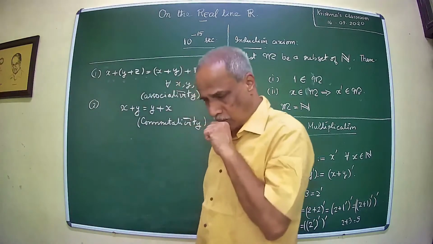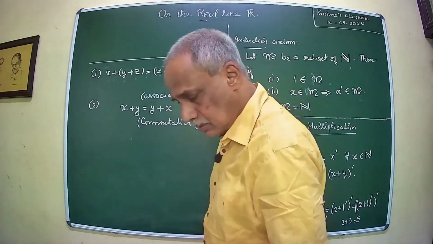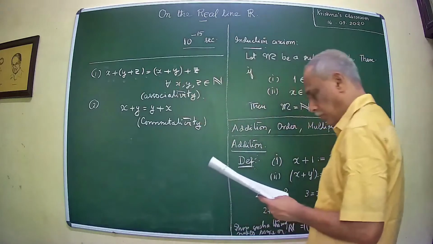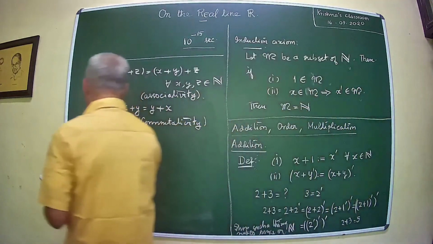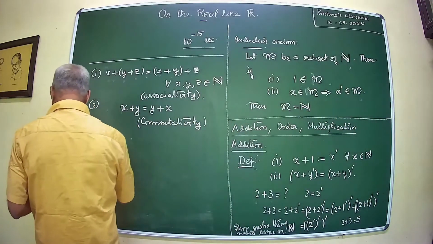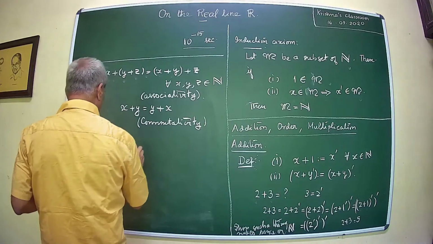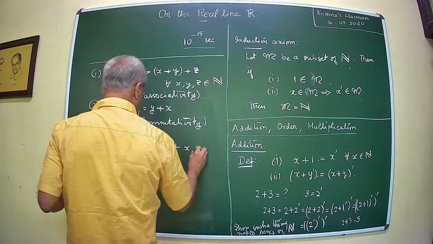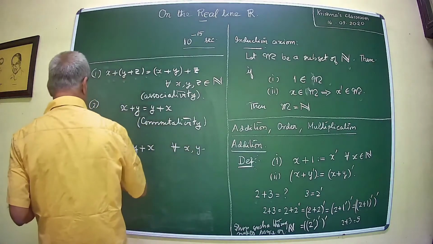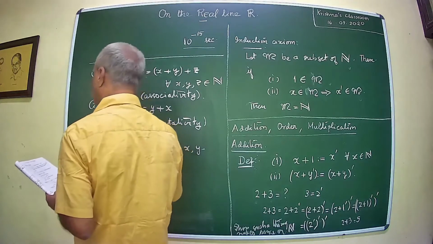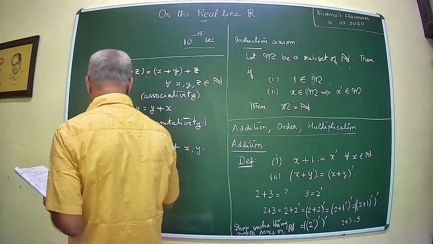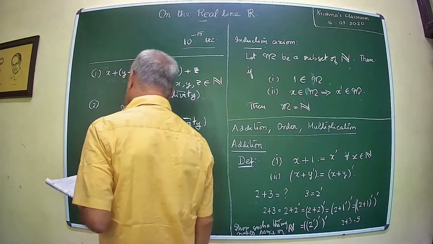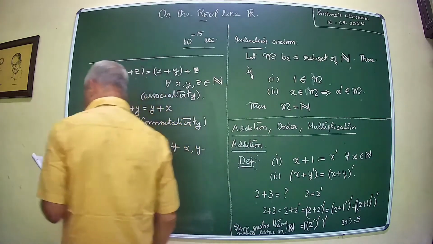What we do is the following, and a few things that we note is that y is not equal to y plus x. So when you add some natural number to y, you get a different number. Okay? You never get the same number.